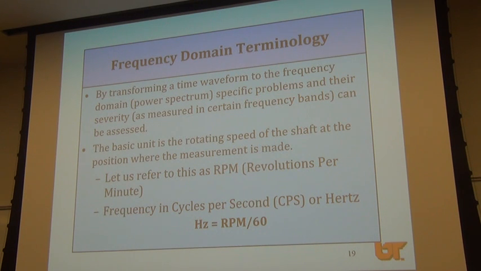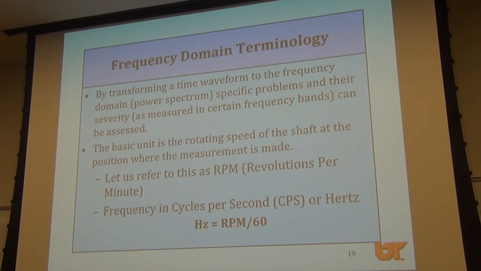Most of the motors, especially the induction motors that drive pumps, may be 1200 RPM, 1800 RPM, or 3600 RPM. That's probably more common. Pump speeds roughly 1200, 1800, 3600 RPM.